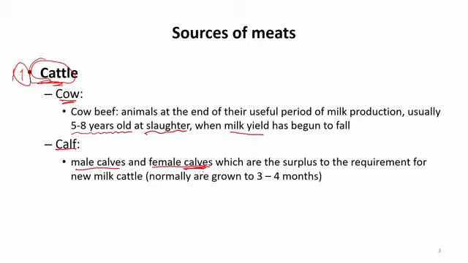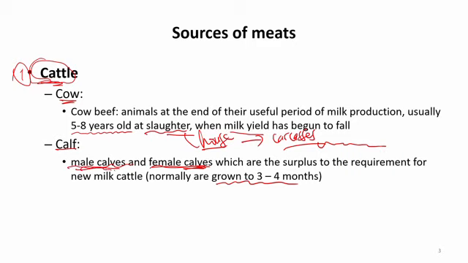So when the farm doesn't have a need to raise them into mother cows, then the farm just raises these young calves for a period of 3 to 4 months, and then also will send them to slaughterhouse, which means nhà giết mổ, a factory where people kill animals and convert animals into carcasses, quay thịt, nửa thân thịt. Okay, and then from there, through several steps, we go to final consumer.